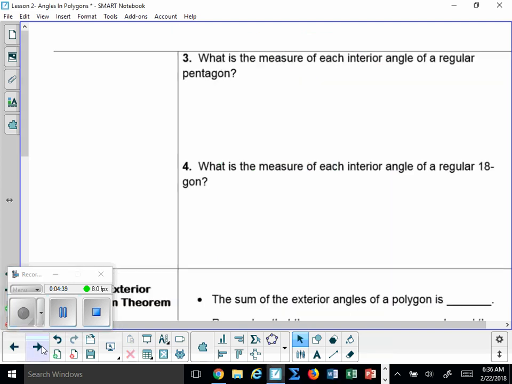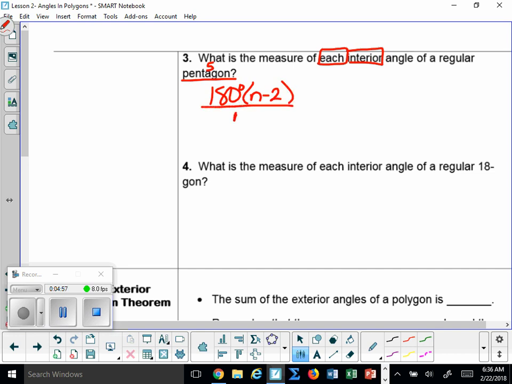Next, what is the measure of each interior angle? So we're talking about 1 interior angle. Pentagon means 5. So my formula, 180 degrees, n minus 2, and then divide by the number of sides to get each, because we do have a regular polygon, so we're allowed to use this formula. 180 degrees, 5 minus 2, divided by 5.